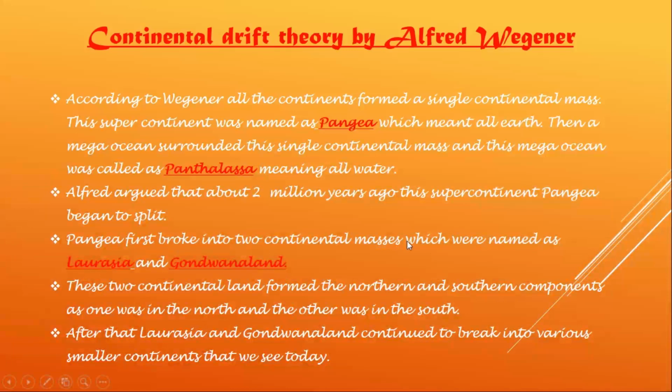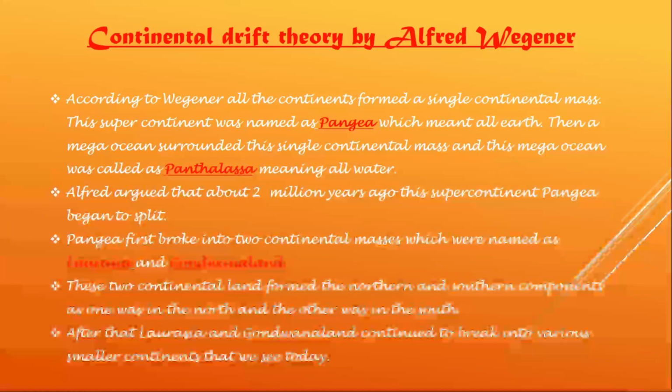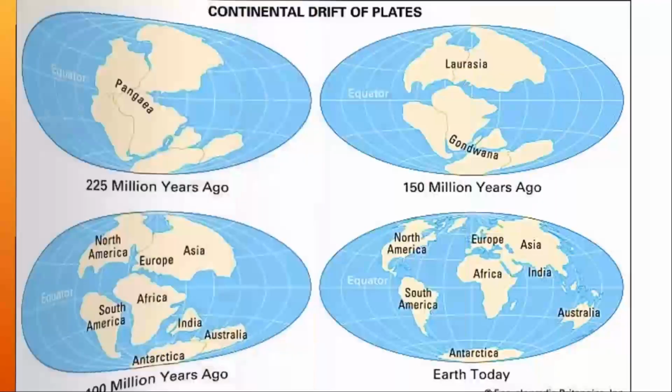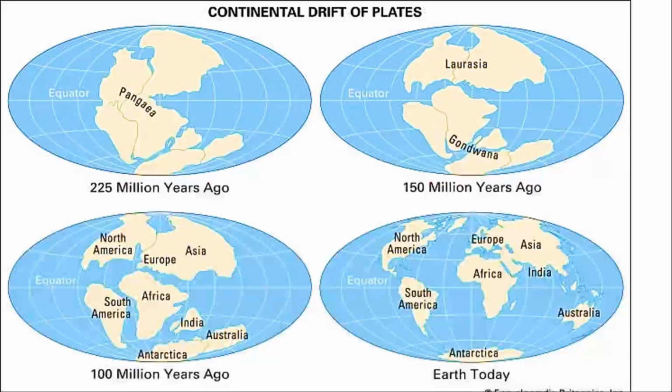Rising magma filled in the space which eventually became the floor of the Atlantic Ocean. So children, you can see this is Pangaea, meaning all earth, which is surrounded by Panthalassa, meaning all water.